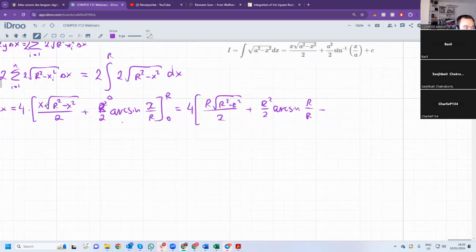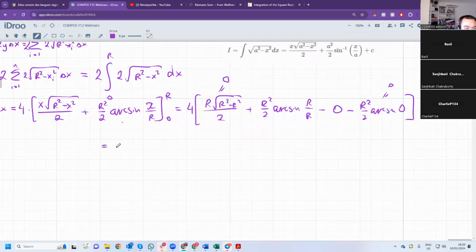That's an easy substitution because this is 0, and arc sine 0 is 0. So this is 0, this is 0.